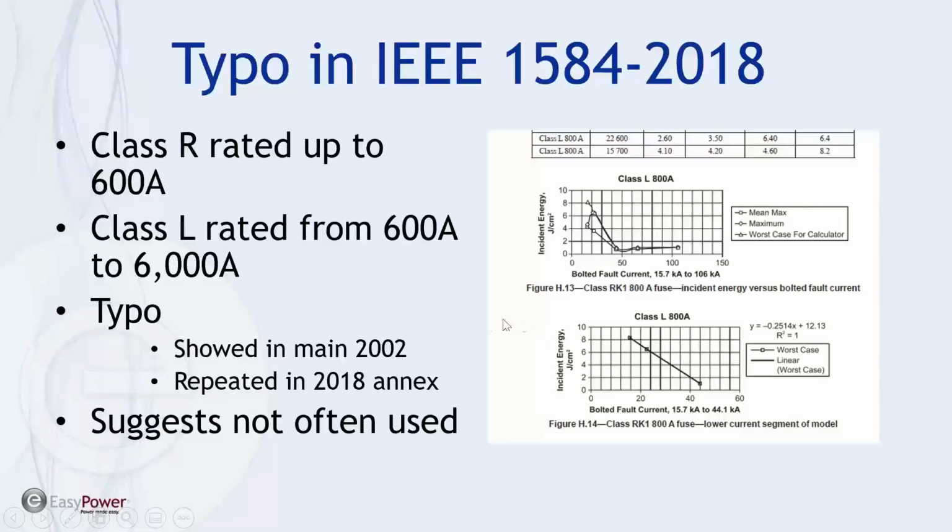What's significant to me is that the typo showed up in the 2002 version, but the same representation was repeated in the 2018 version, as this discussion on current limiting fuses was moved from the main body to the annexes in 1584-2018, which in my mind suggests that this is not often used in industry or prioritized, and so there is not that much attention being paid.